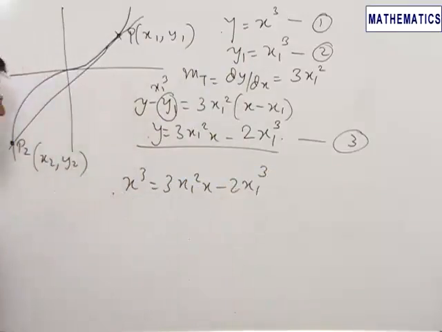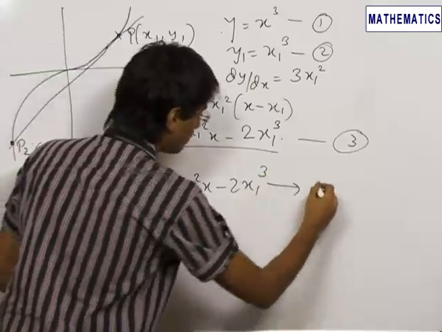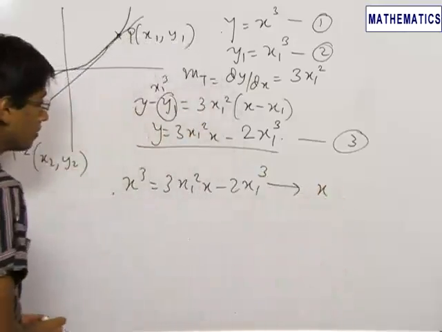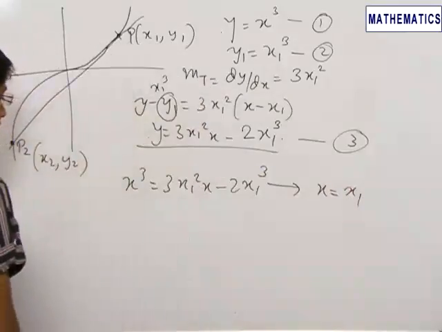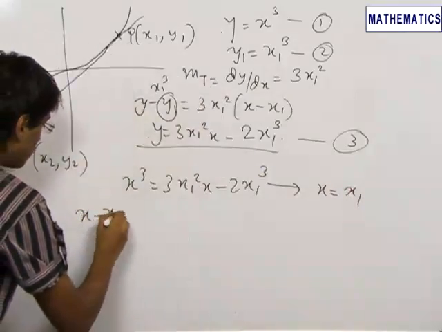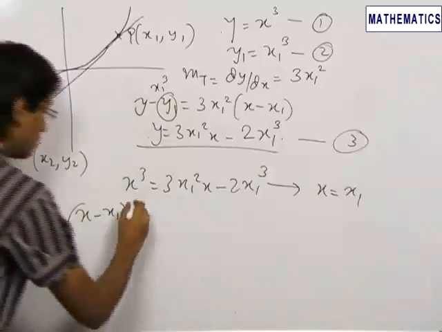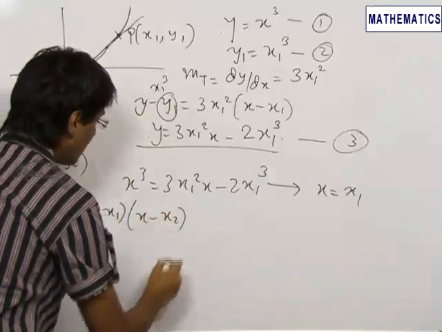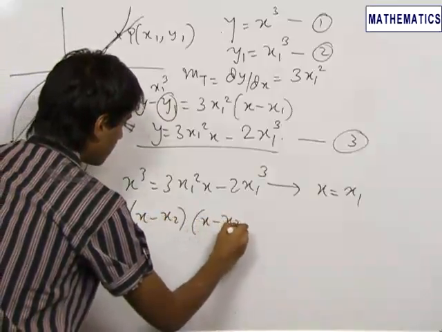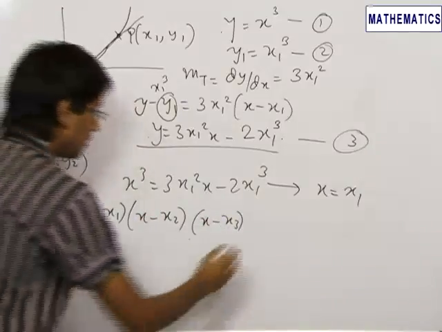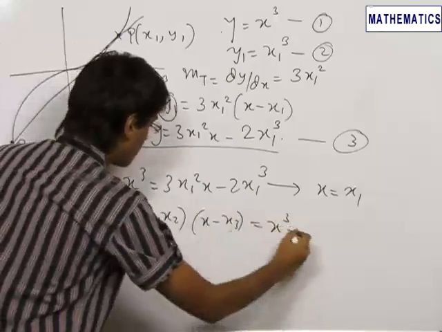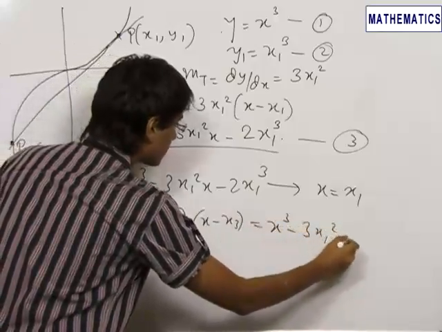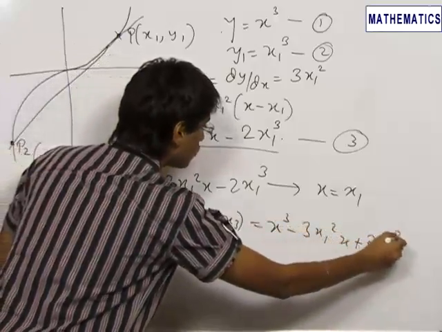Now very obviously, one of the roots of this equation, which is a cubic equation, can be seen clearly to be equal to x1. So let us consider the other two roots to be x2 and x3. This cubic is equal to x cube minus 3x1 square x plus 2x1 cube.